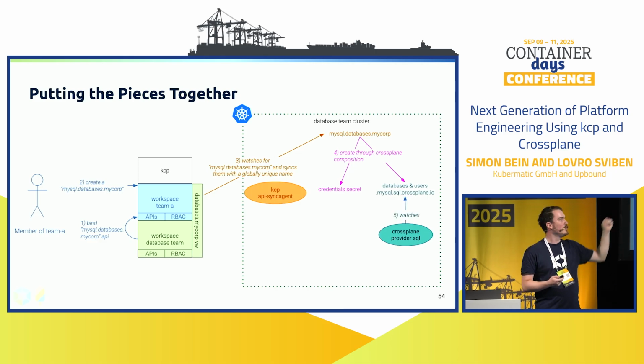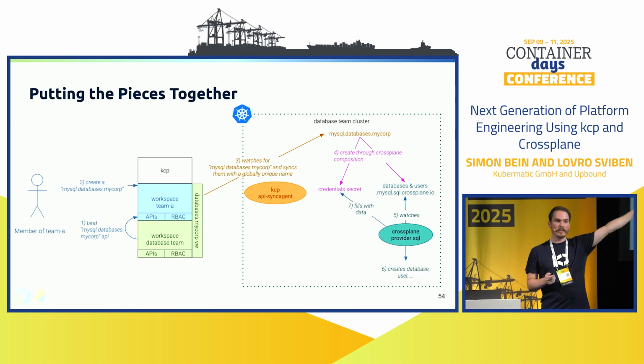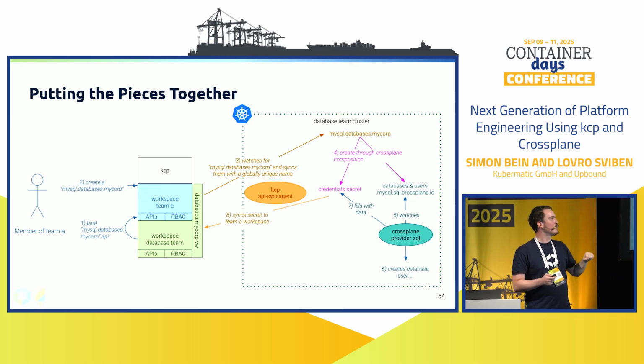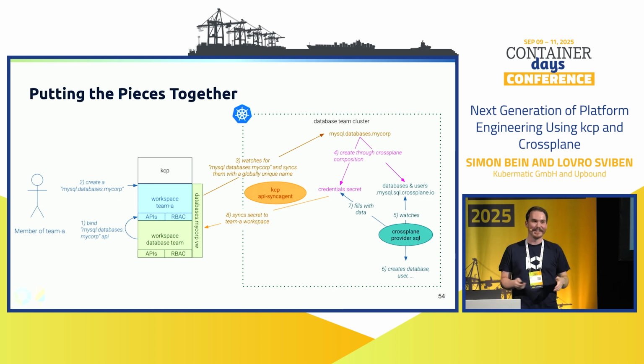So it says, oh, a new MySQL Crossplane.io database has been requested. It creates a database and a user, and it fills the secret with the credentials. And then the KCP sync agent syncs this back into, and this is really important, the Team A workspace, so that only Team A has access to the secret, which obviously is very, very important. Imagine everyone has everybody's database credentials. That would be kind of bad.